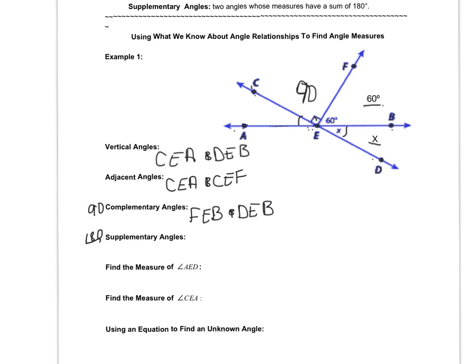I'm going to take this larger angle, angle AEF, this angle right here, and angle FEB. And these two angles are supplementary. To list them out, I've got angle AEF and angle FEB. Together, their sum is 180 degrees.